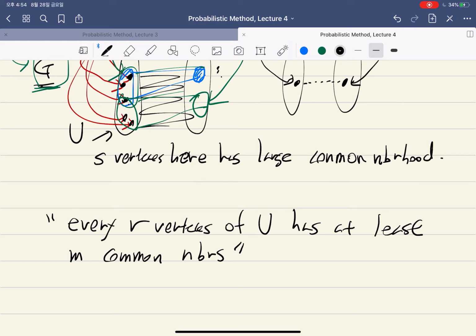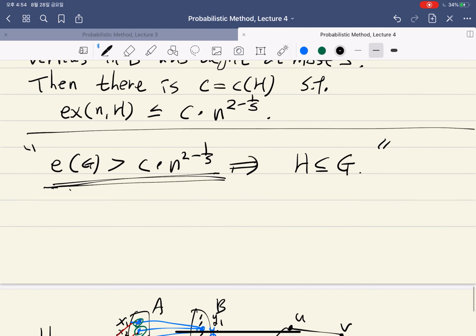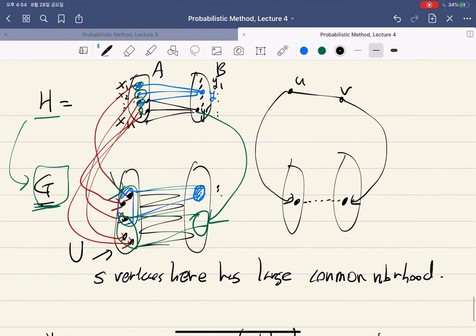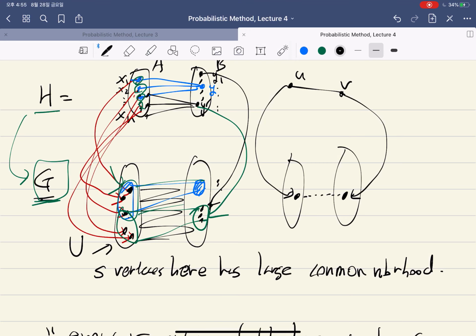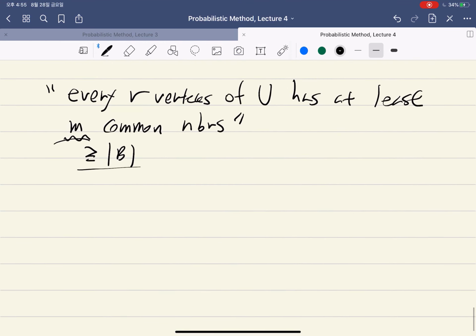So this is what we want to ensure. And then later this M, we want to take it as big as B. Then you don't have to worry that these common neighborhoods are already occupied by the other vertices, as long as this happens. So that's what we want to do.